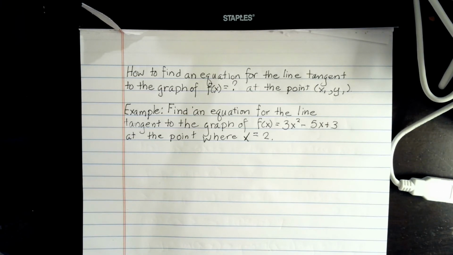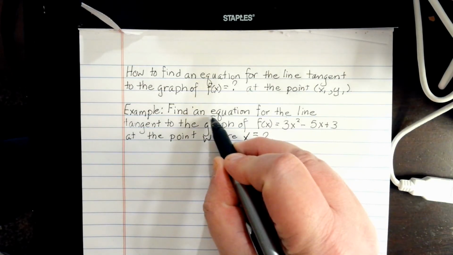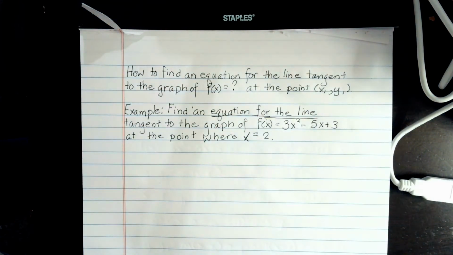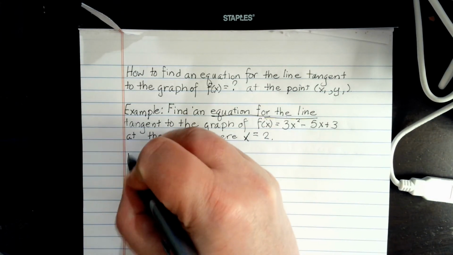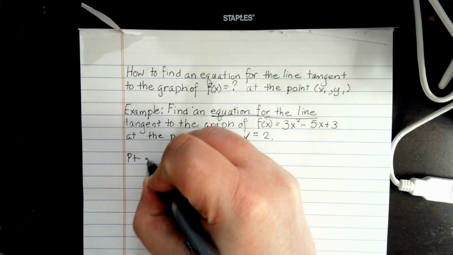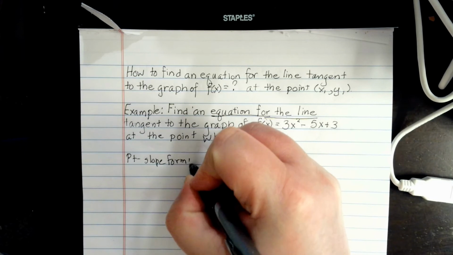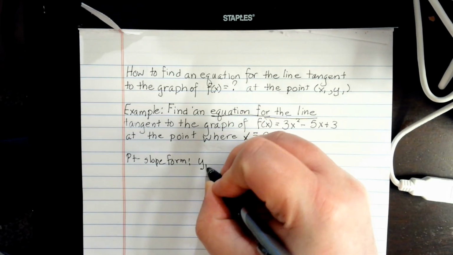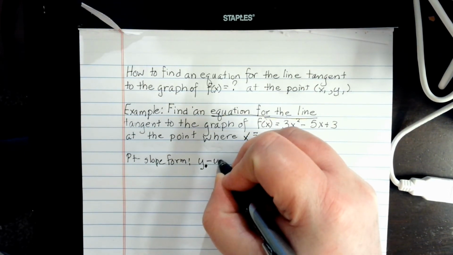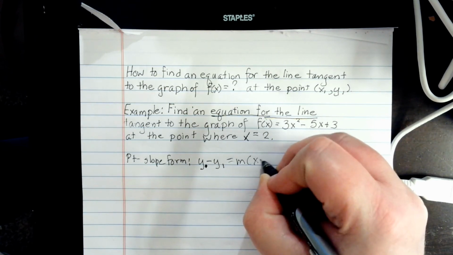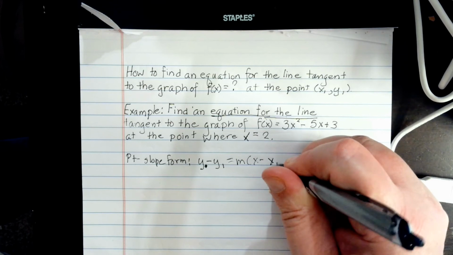So notice that what I've asked you for is an equation of a line. Well, a typical form for an equation of a line is the point-slope form: y minus y1 equals m times x minus x1.